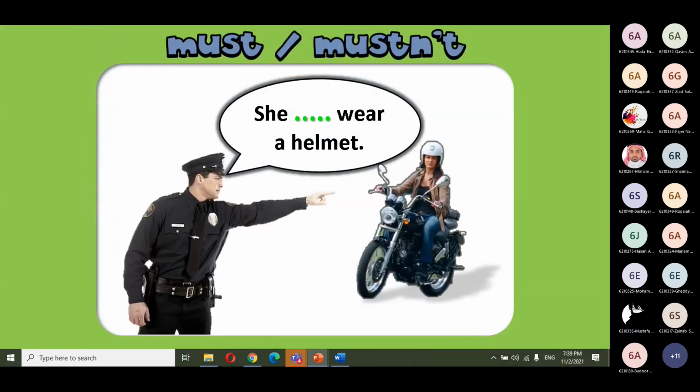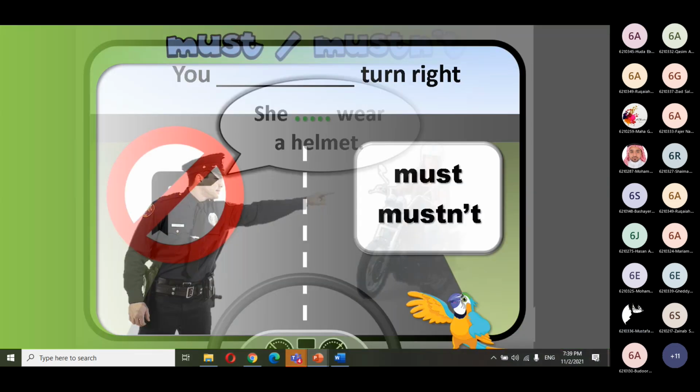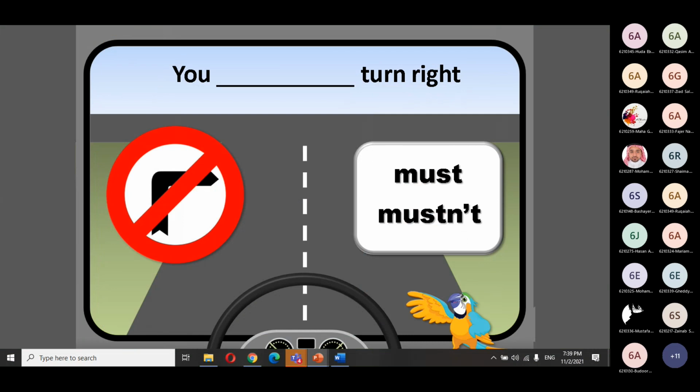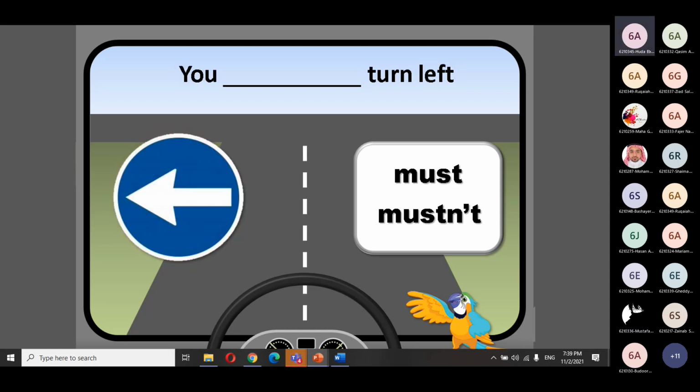Here must and mustn't. She wear a helmet. Must or must not? She must. Okay, she must. You turn right. Must or mustn't? Mustn't. ولا نسحب الليسن. اوكي. هنا turn left.